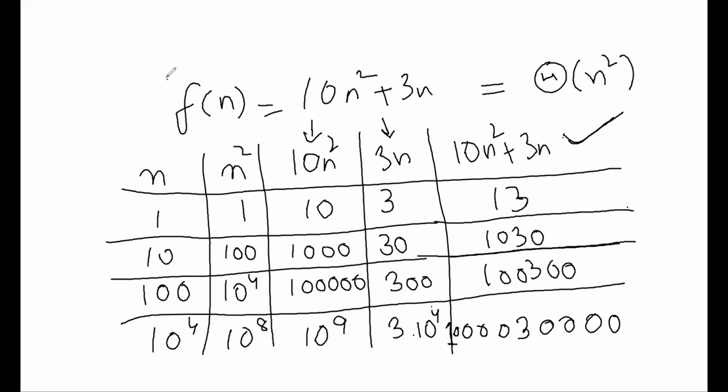Look at this column where n is 100. When n is 100, the time it takes for this 10n square loop, obviously it will be a loop, it's n square time, is 1 lakh units of time, right? And how long does it take to run the loop which has the runtime 3n?